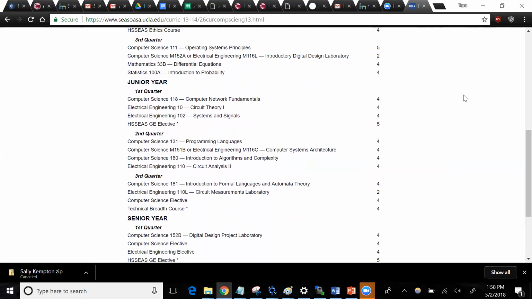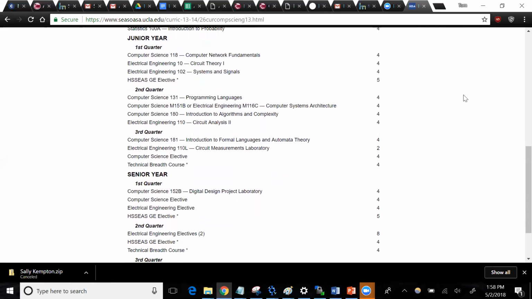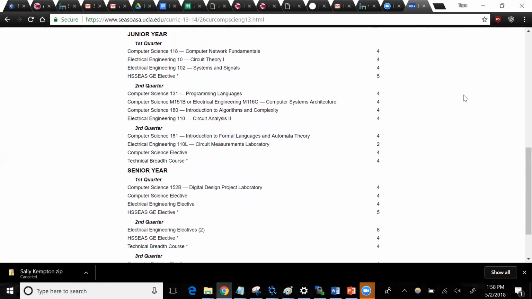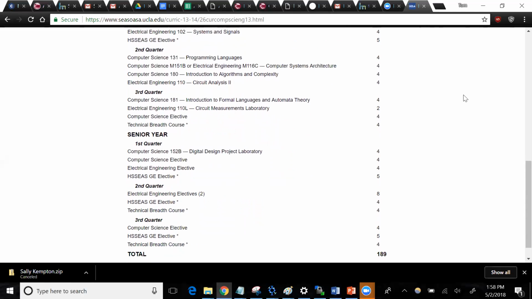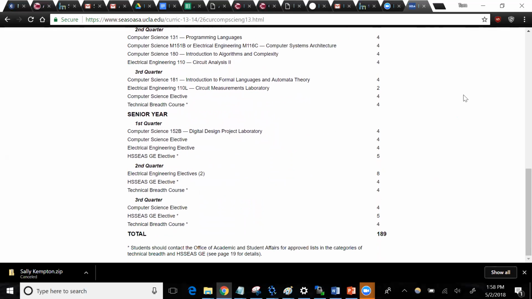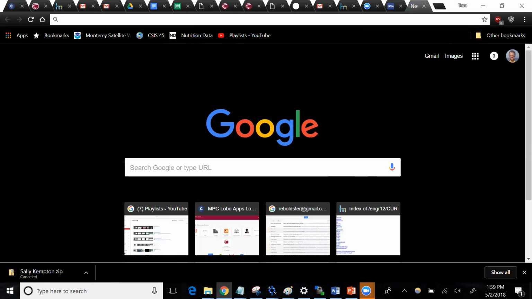Systems and signals, that's core double E. Algorithms, circuit analysis 2. More computer science stuff. And a bunch of electives involving electrical and computer science. So like I said, you can get pretty close to either one, but they're not exactly the same.